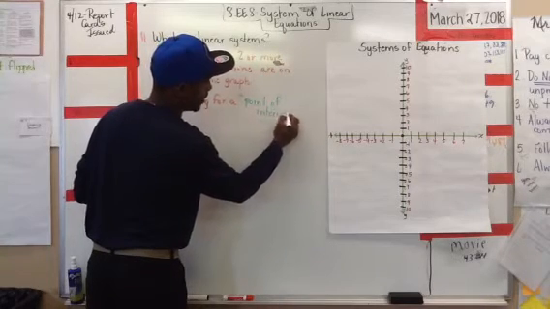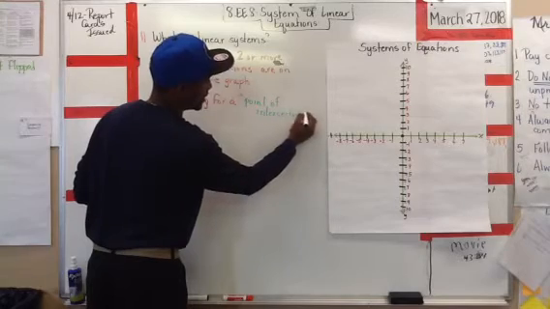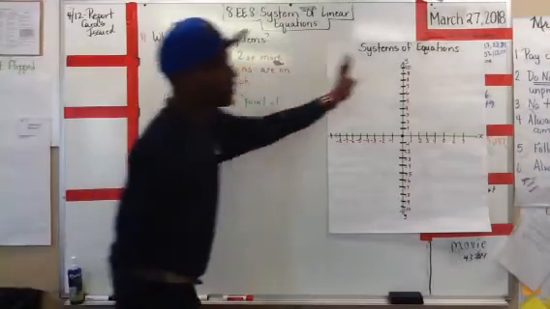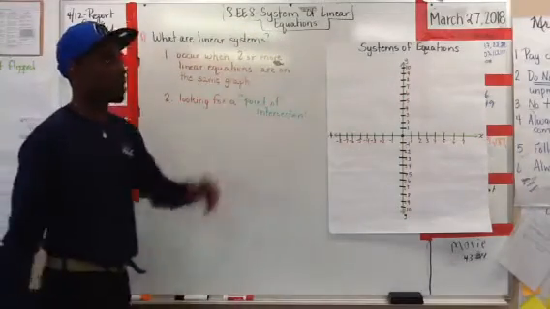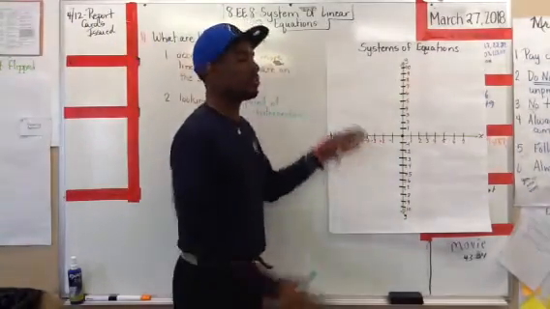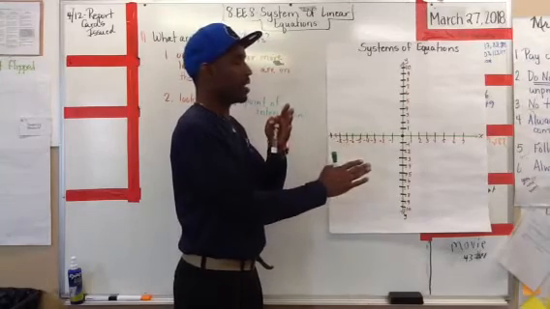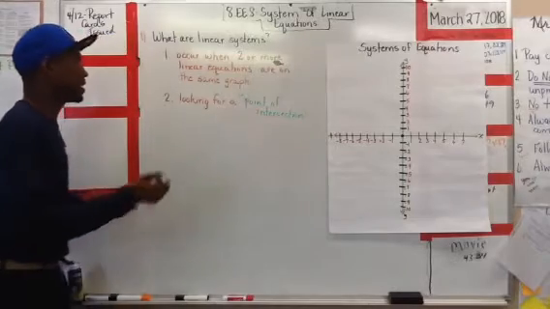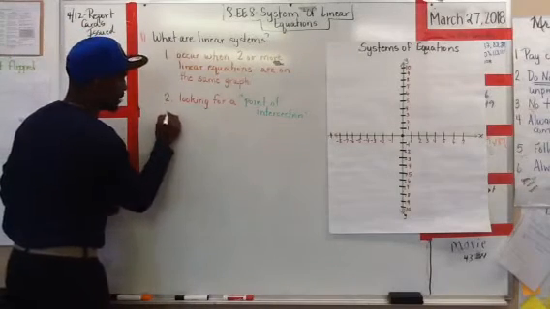We know if something intersects, it crosses. So on this Cartesian plane, when these linear functions are graphed and they cross, at what point do they intersect?